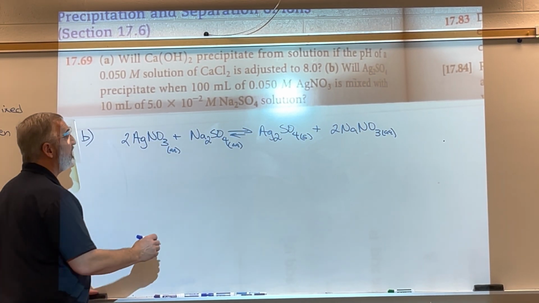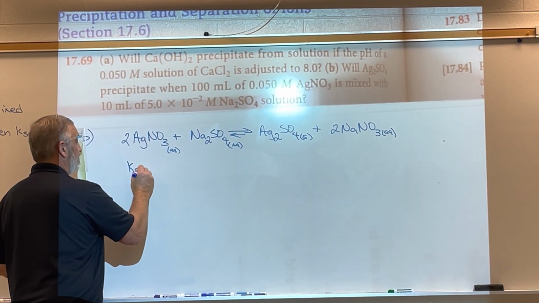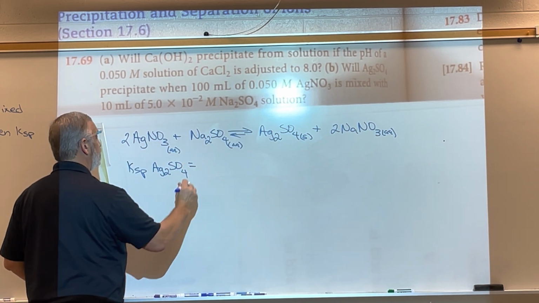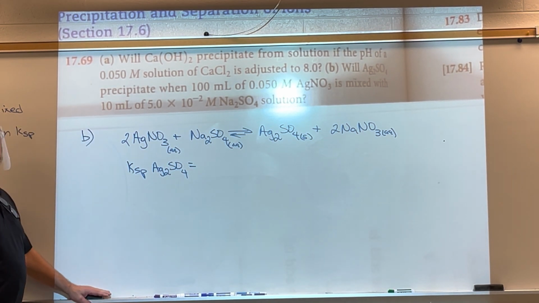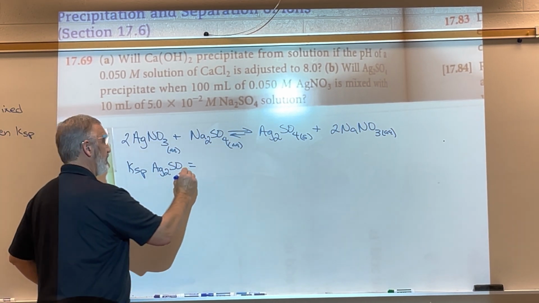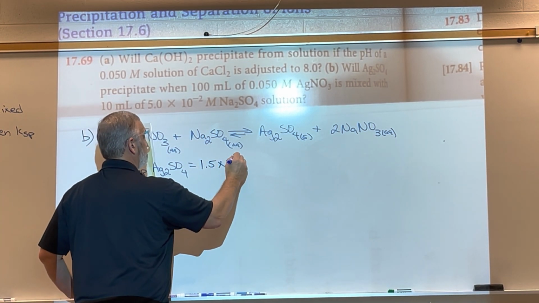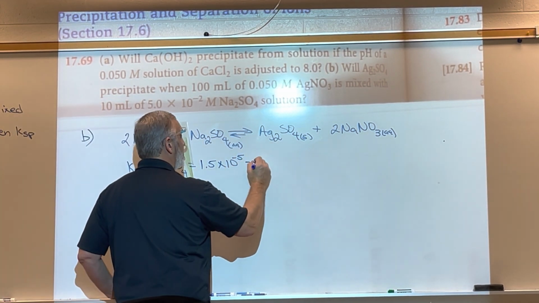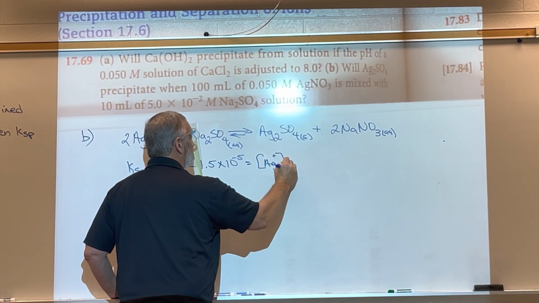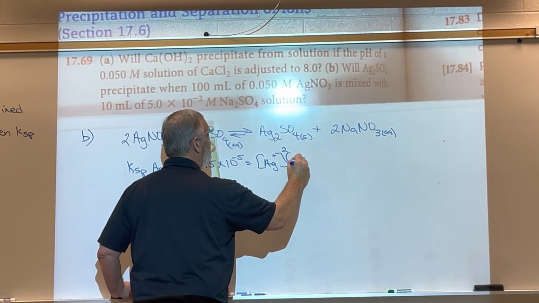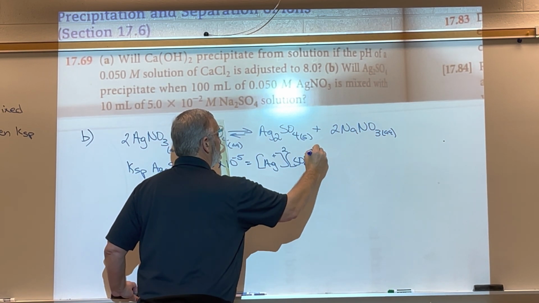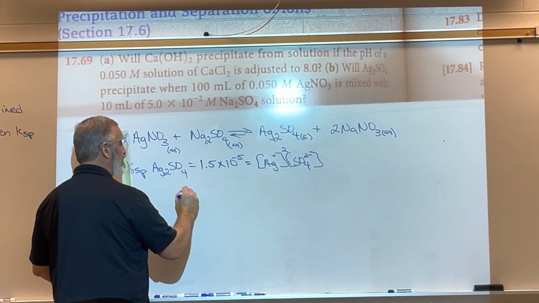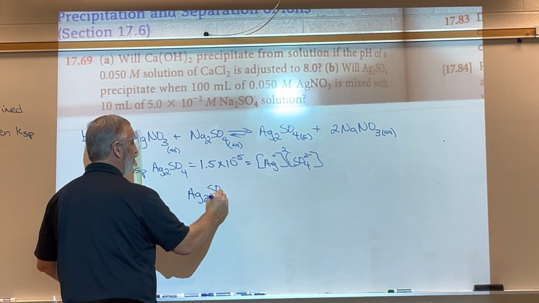Now, the KSP for silver sulfate is what, Advon? 1.5 times 10 to the negative 5. So my Ag plus squared times SO4 2 minus cannot exceed this number. Again, I know that it's squared because it's Ag2SO4.